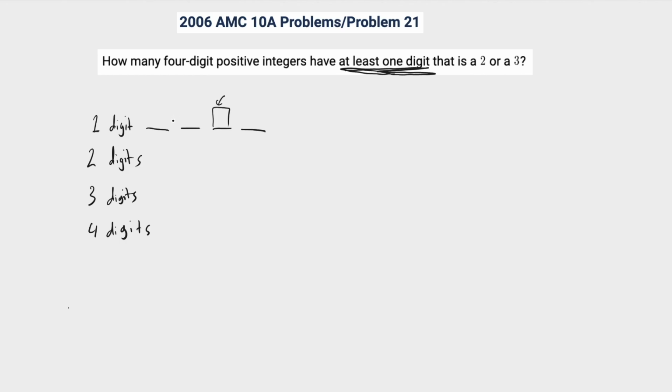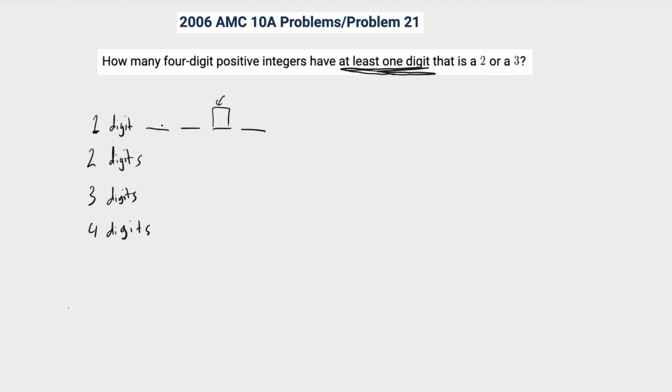And the thing is, we don't know. The 2 or 3 could just as easily have been in the ones place or the hundreds place or the thousands place. And for each of these cases, we need to take into account which of these 4 digits are going to be the spot with a 2 or a 3.